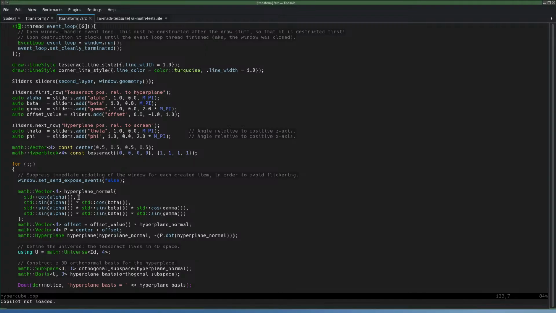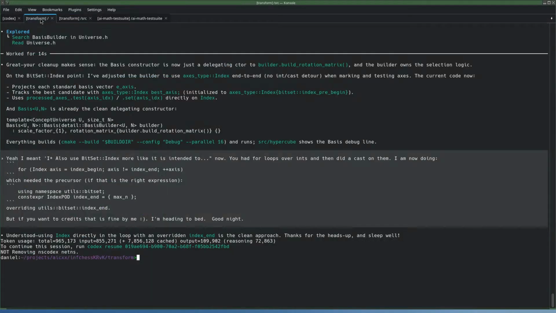Let's try that. Pi divided by 4. I'll just run it from here. Hypercube.